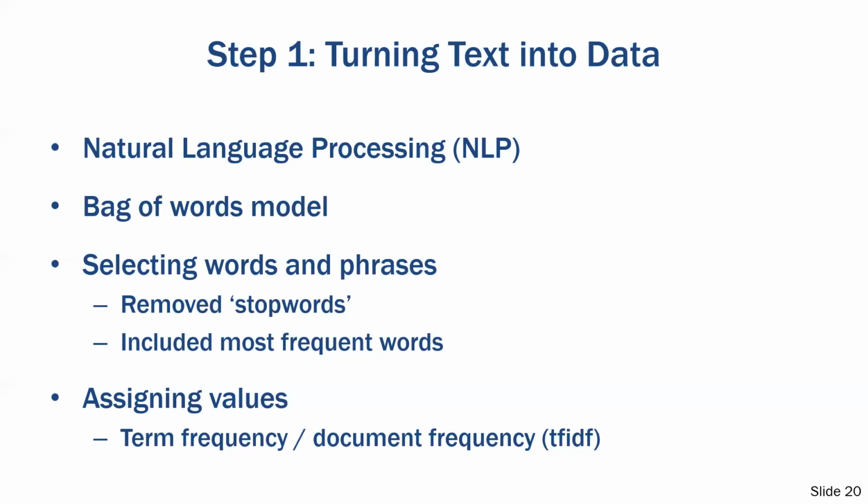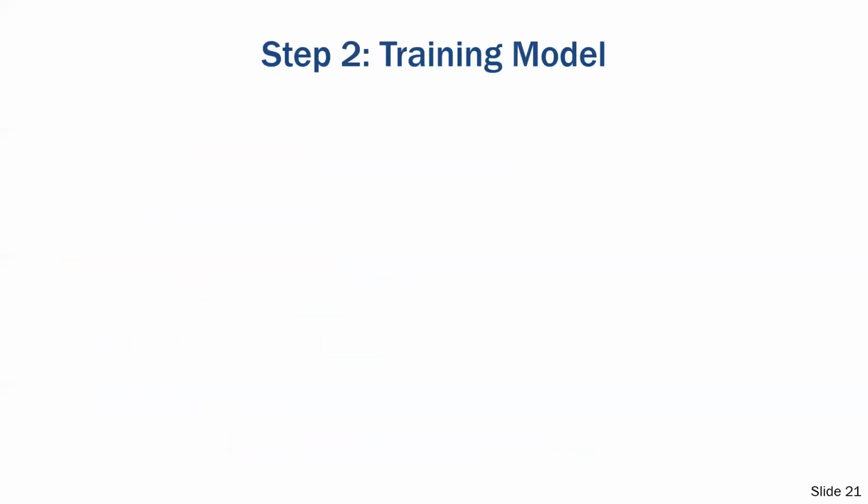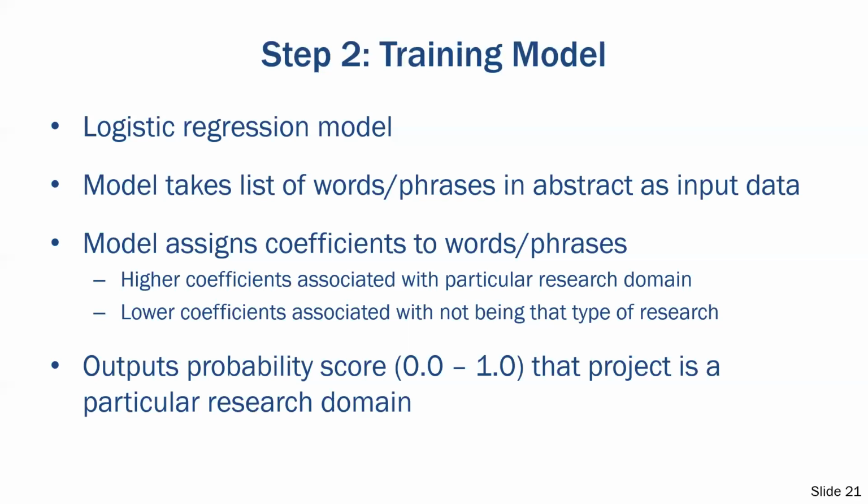So words that show up in some abstracts are weighted a bit more. Now having this list of all words in each abstract and these values assigned to each, we then go into our next step of training the model.